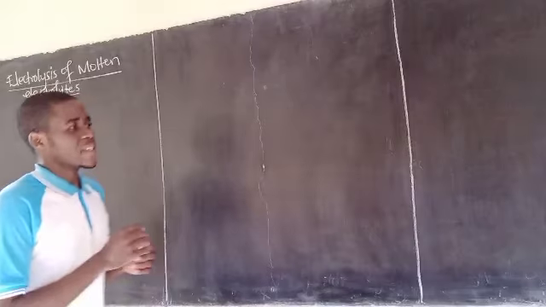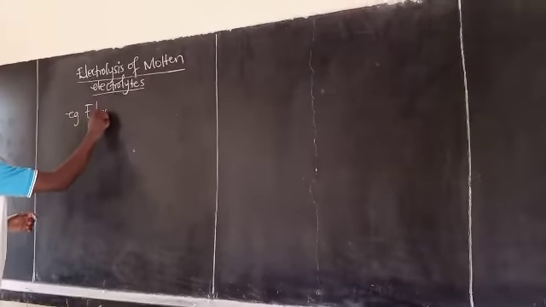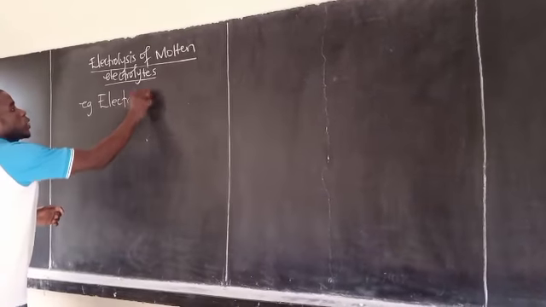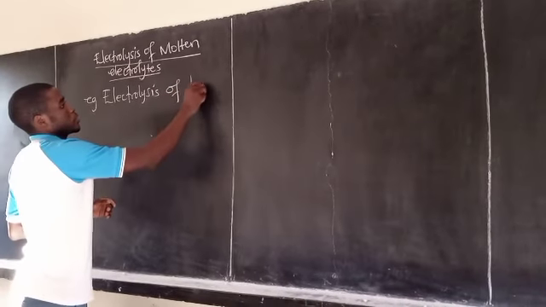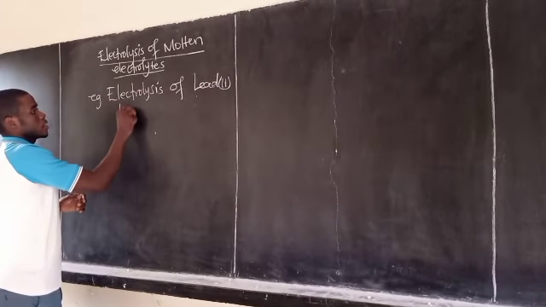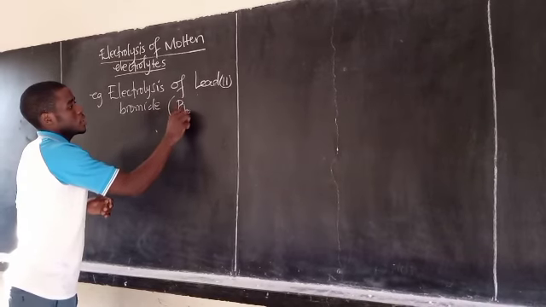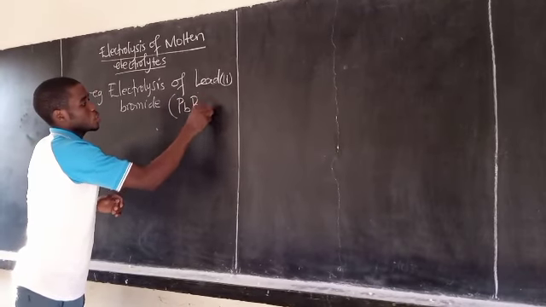Meaning that we have two types of electrolytes, the molten ones and the ones in solution form. Today, let's start with an example, and we are going to start with lead bromide, which is PbBr2.